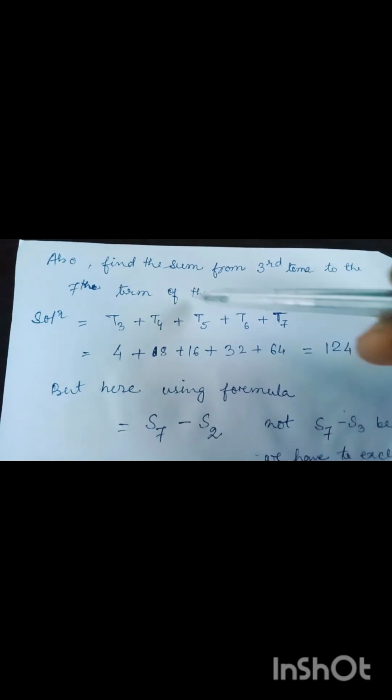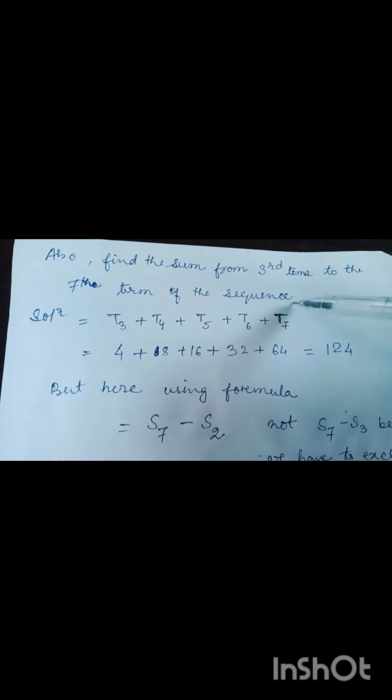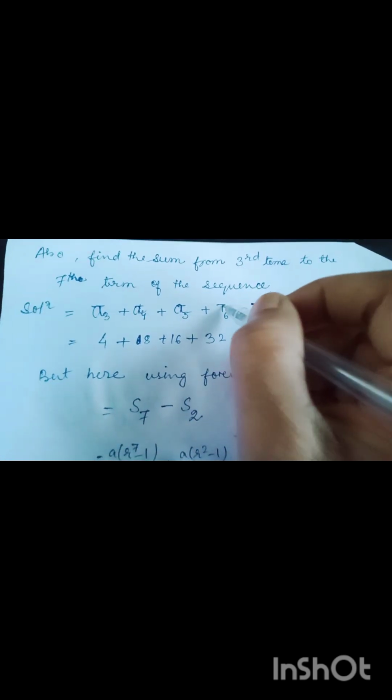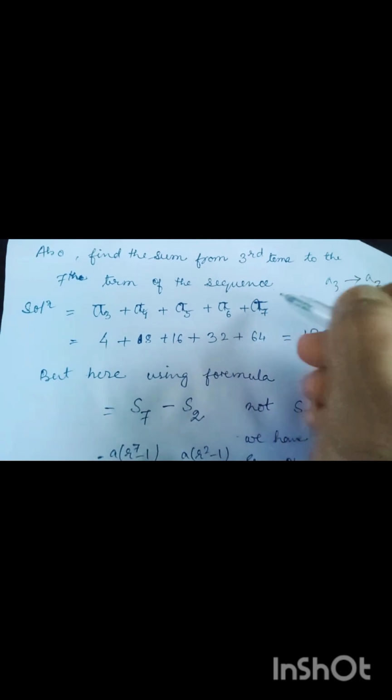Here we are asked to find the sum from the third term to the seventh term of the sequence. That means we have to find the sum from A3 to A7 of the sequence. So we will start here from A3, A4, A5, A6, A7.